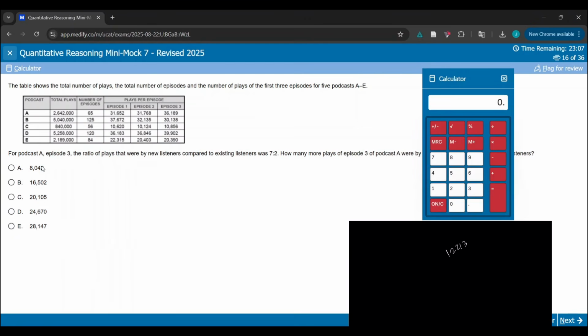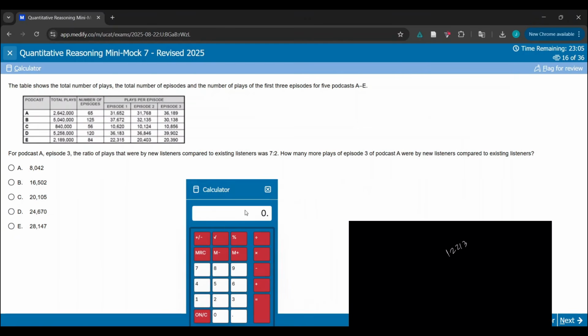Yep. For podcast A, episode 3, the ratio of how many more plays were by new listeners compared to existing. So it's a difference of 5. Podcast A, episode 3, 36189 divided by 9. Like I said, the difference is 5, so 20,105.